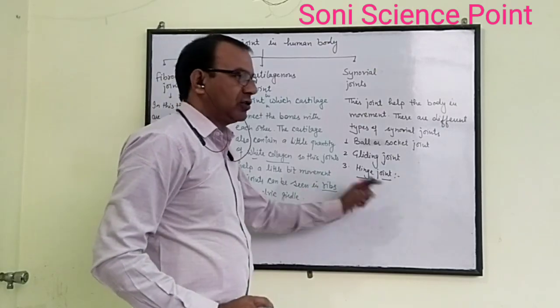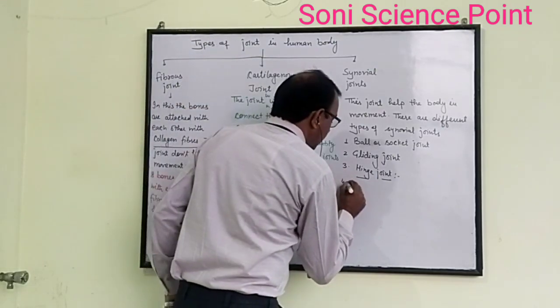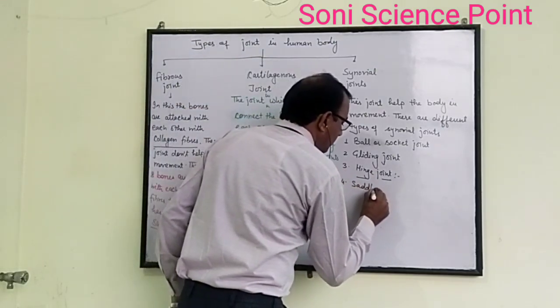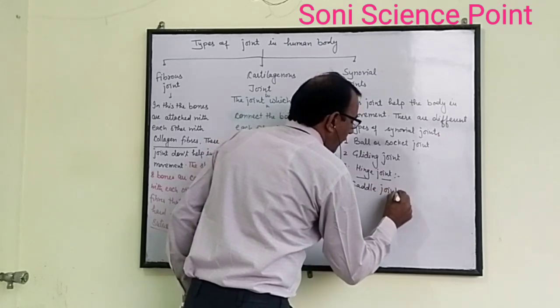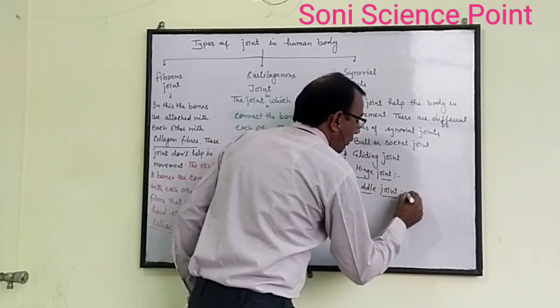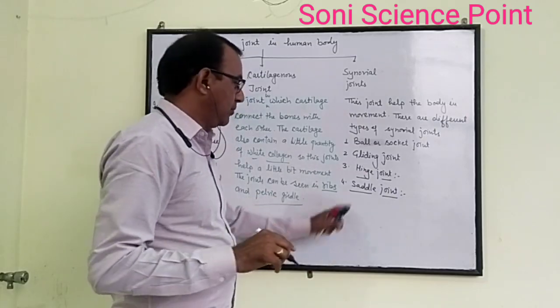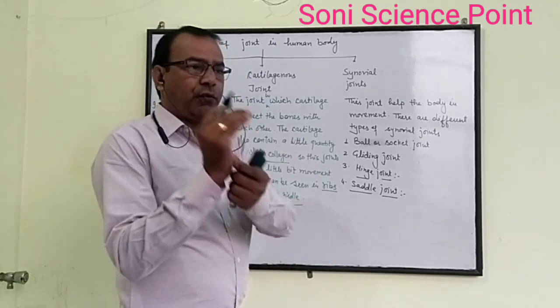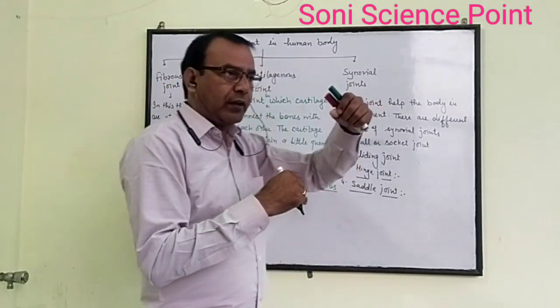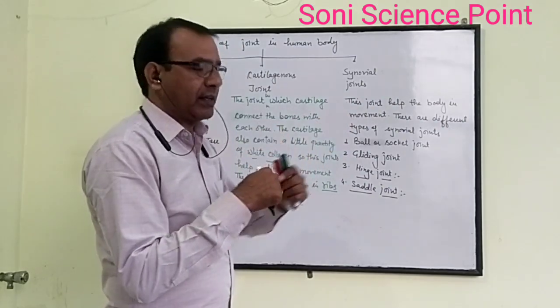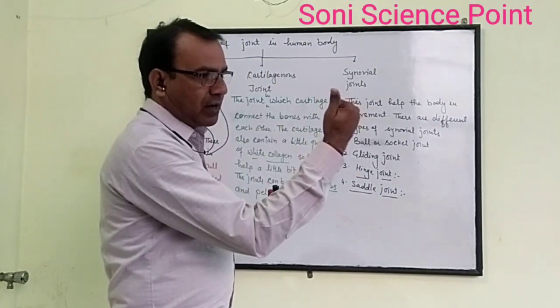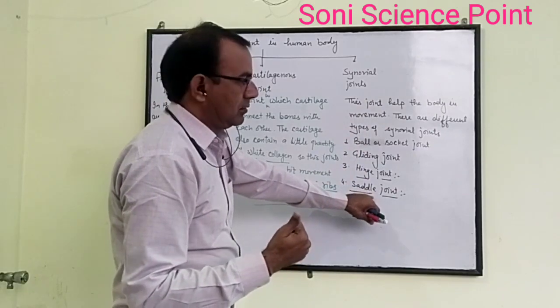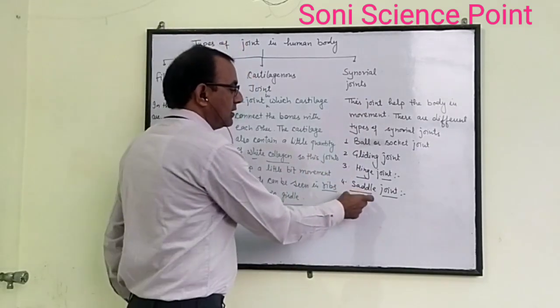Then the saddle joint: one bone glides or slides over the other in all directions, where one is concave and the other is convex.